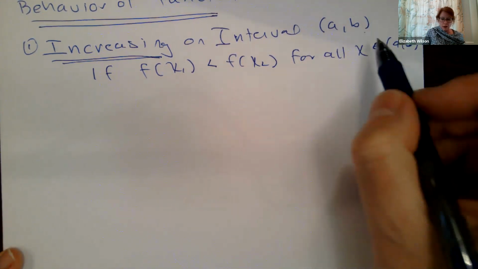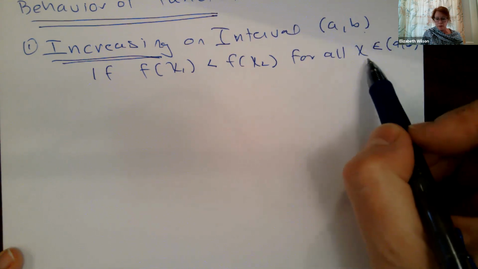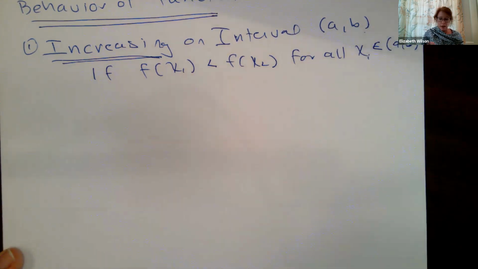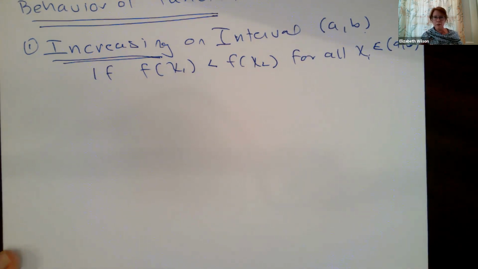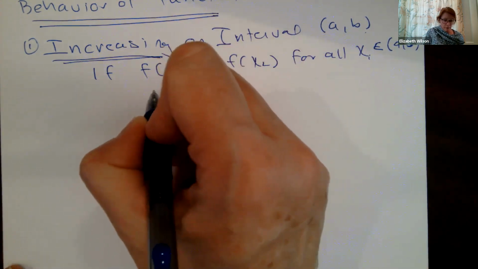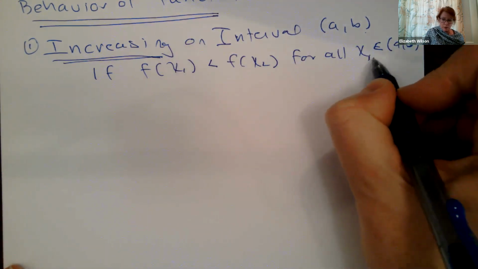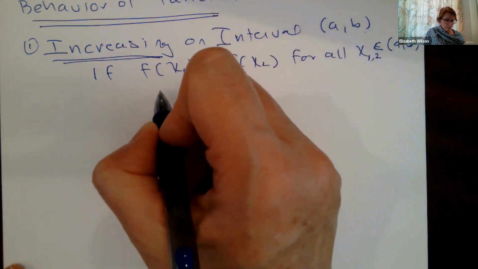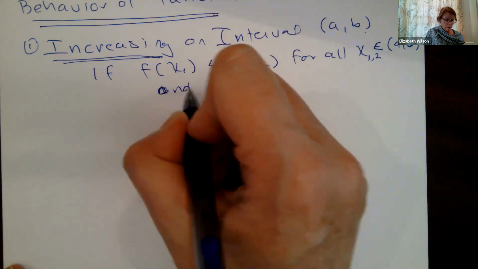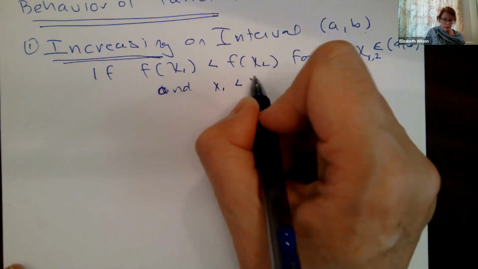What x an element of a to b means is that these are x values, like x sub i values, all these x values within our interval. Being an element of means I'm a member of this interval, a member of this group. So all x sub i, so this is x1, x2, and x1 is less than x2.